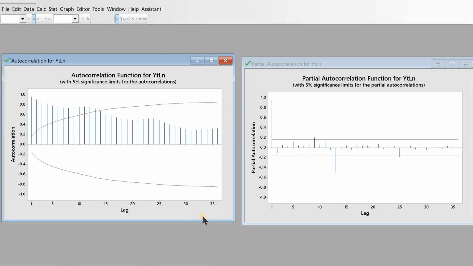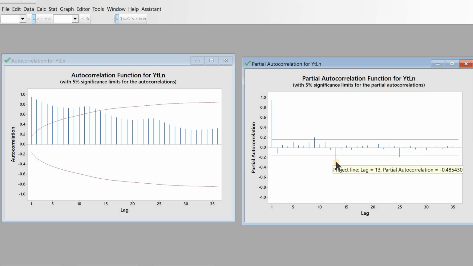This is how the ACF and PACF look for the transformed data. For the ACF, the lags die down very slowly, and it has a trend, increasing at the seasonal lag. For the PACF, it has a significant lag at lag 1 and also at the seasonal lag.